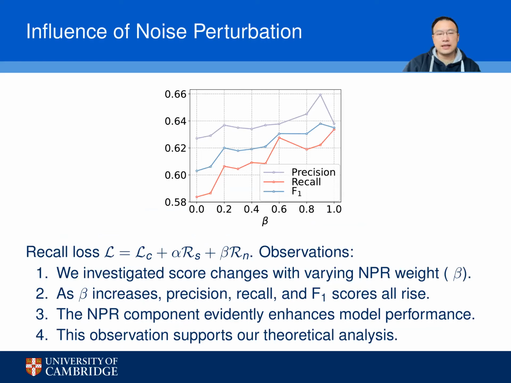We investigated the score change with different beta, and we can observe that as beta increases, all of the scores, including precision, recall and F1 scores, rise. Therefore, this observation also supports our theoretical analysis, and it shows our proposed component is very useful.